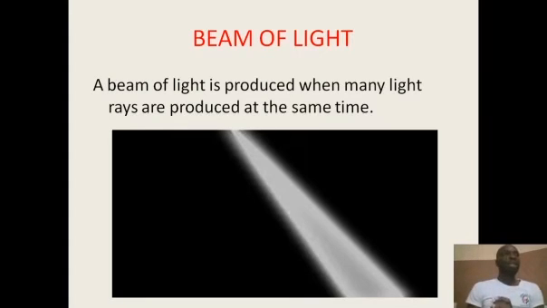Remember the instance I gave you during the last class. I told you that when it's about to rain, you see thunder and lightning. Lightning and thunder are a phenomenon that occurs at the same time. But because light is faster than sound, or light wave is faster than sound wave, the lightning moves fast to our ears.